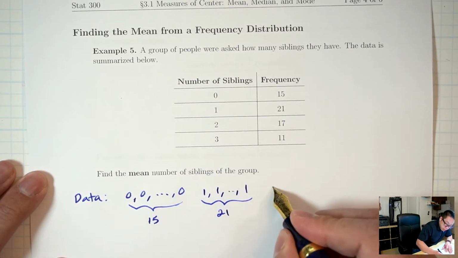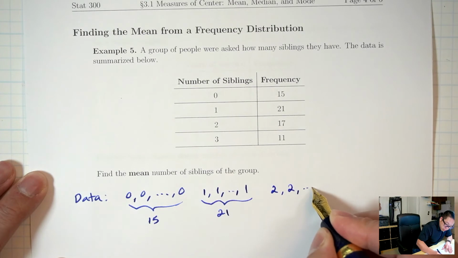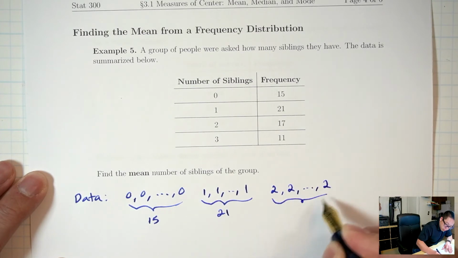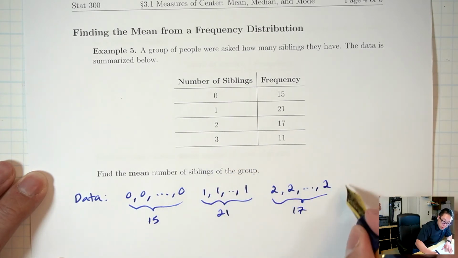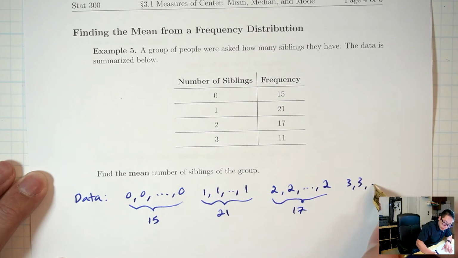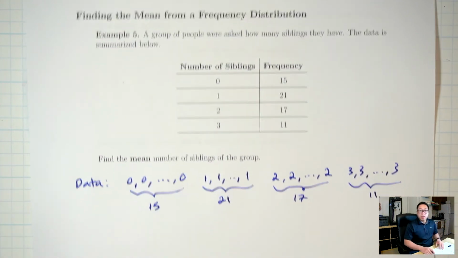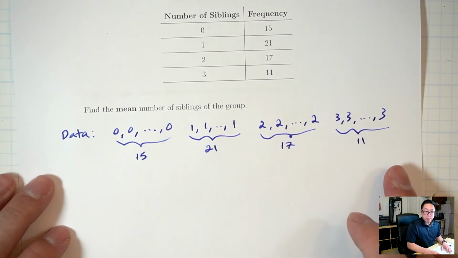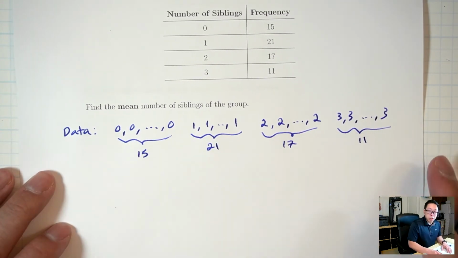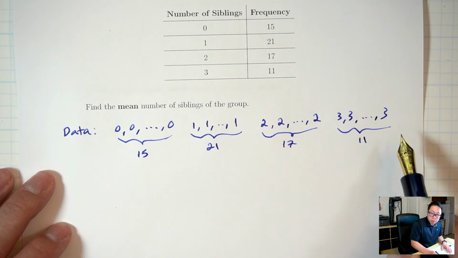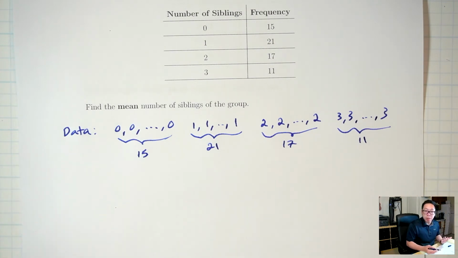Seventeen twos. And then 11 threes. This is the original data. So you find the mean using this original data. So add up all these numbers and then divide by however many numbers you have.